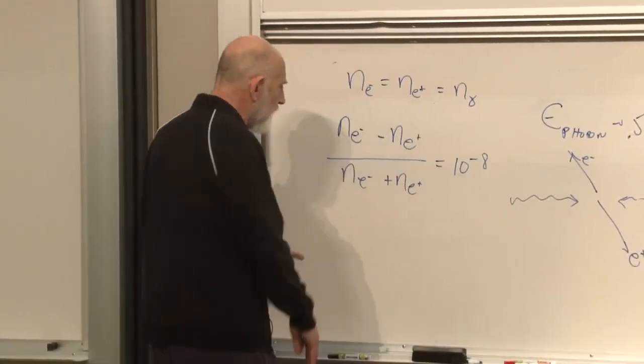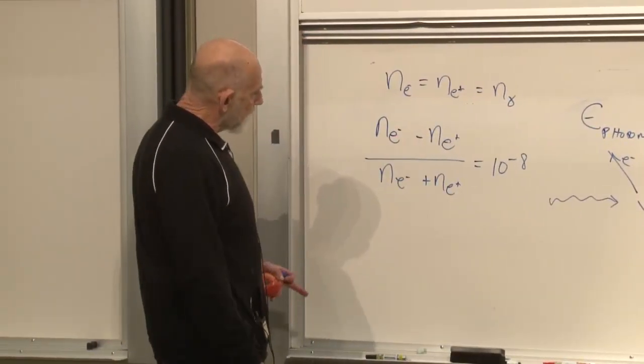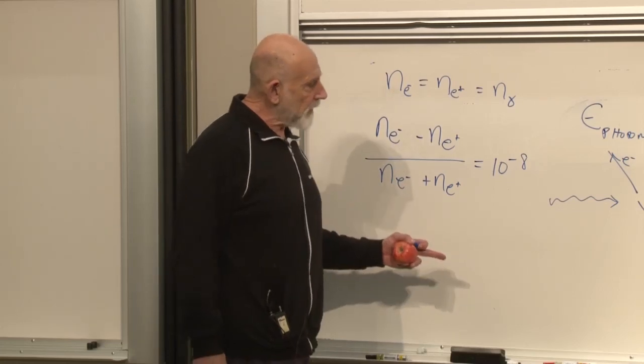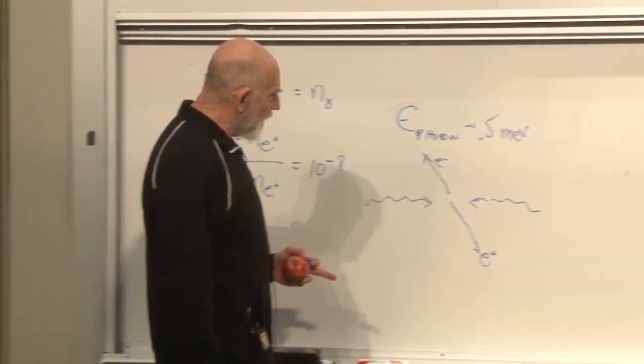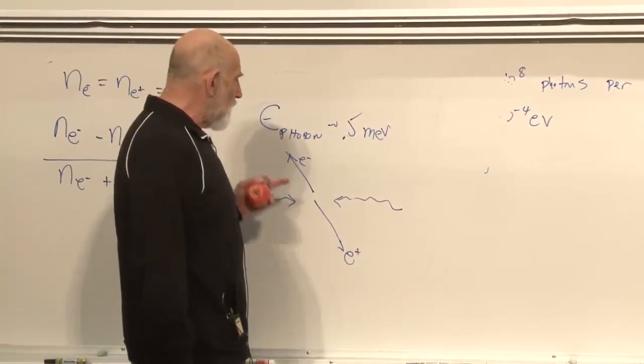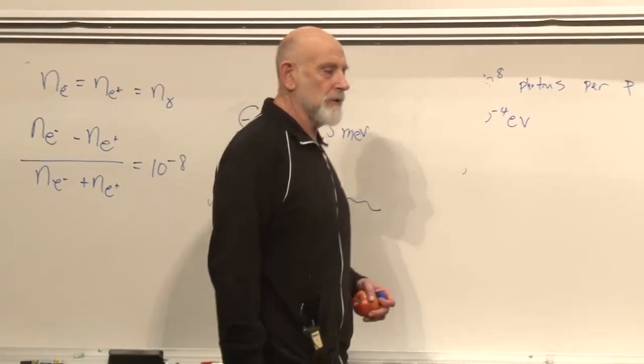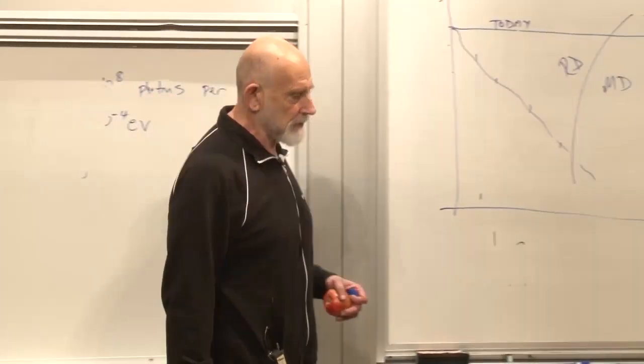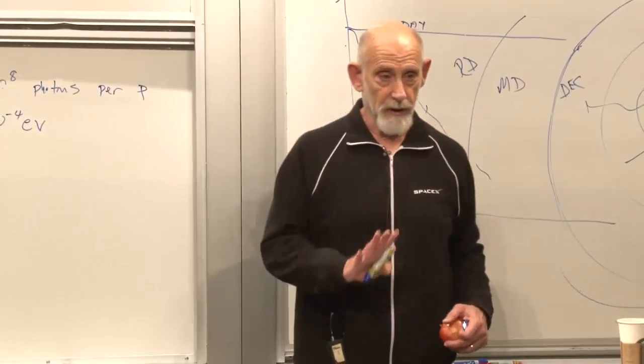But let's just think for a moment, starting with this condition where there's lots of electrons and positrons, lots of photons. It makes this hot soup. It's almost completely balanced between electrons and positrons with a tiny excess. And let's follow it forward in time.